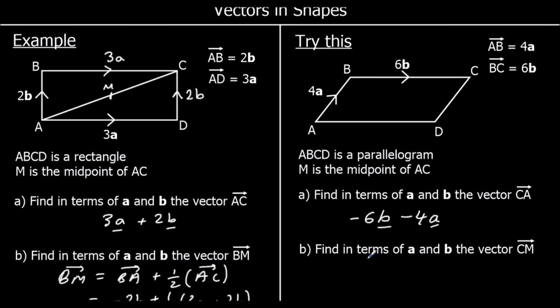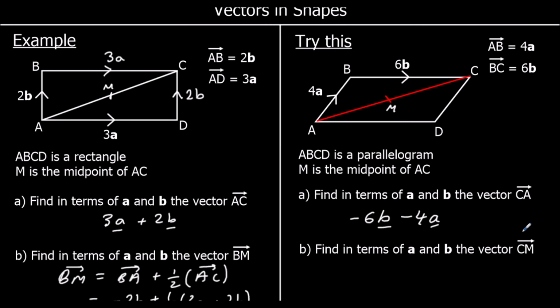And find in terms of a and b the vector C to M. So M is the midpoint of AC, and we've got a midpoint in the middle.